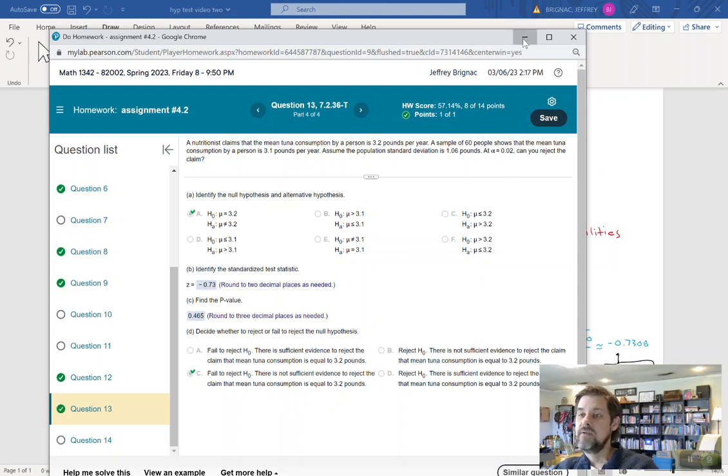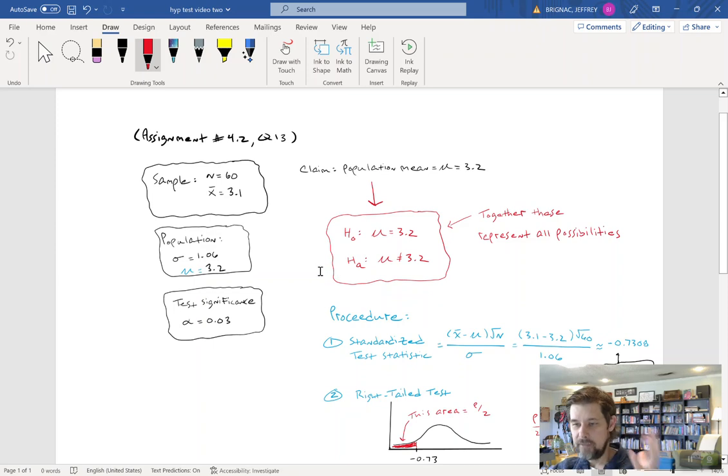Okay. So here's what I read amongst all that. We've got a sample of 60 people, mean tuna consumption for the sample, x bar, 3.1 pounds. There's the population standard deviation, 1.06, and it was stated in the question that the mean is 3.2 pounds.